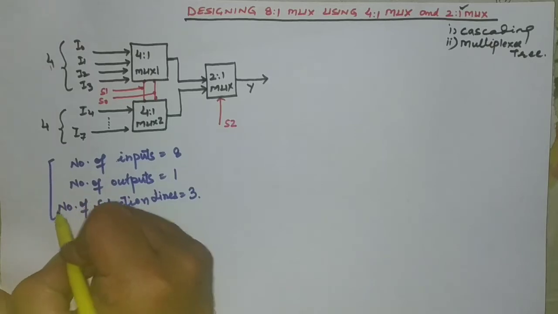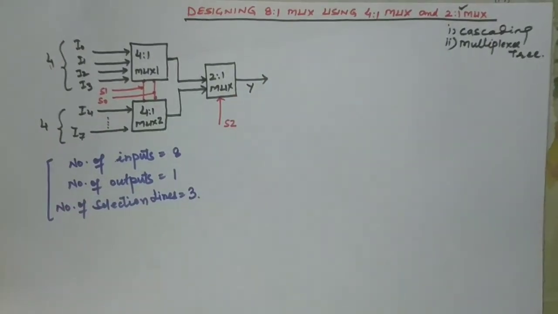So basic requirements for 8 to 1 multiplexer are now fulfilled. Now we will see how it works.